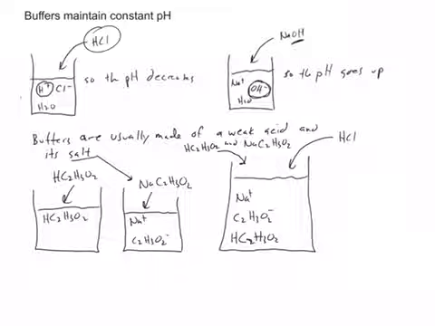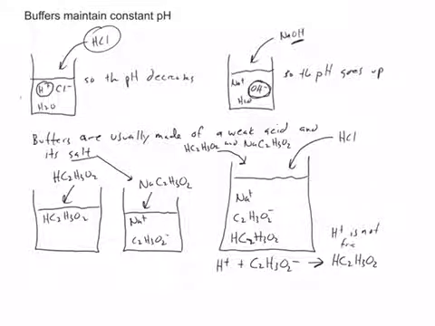But here's what happens. The hydrogen ions react with the acetate ions and form acetic acid. And because the H plus is not free, it does not lower the pH.